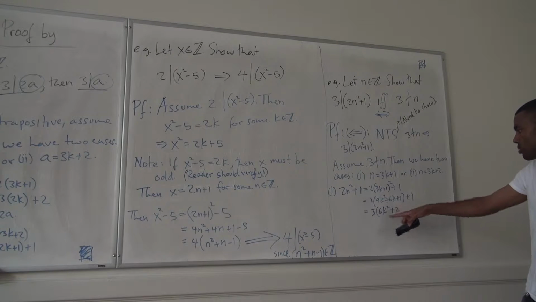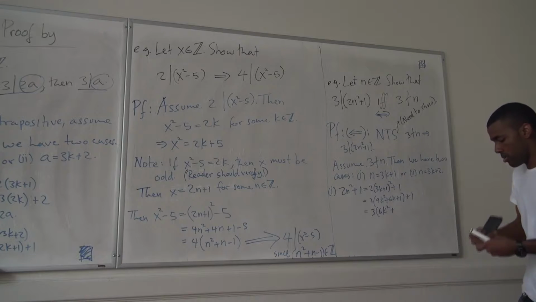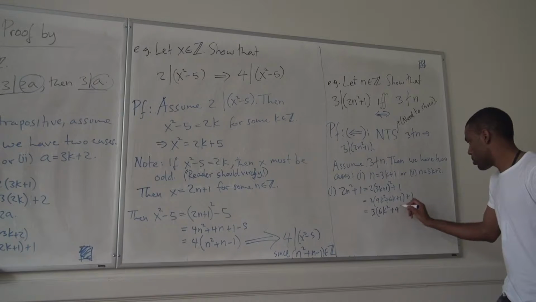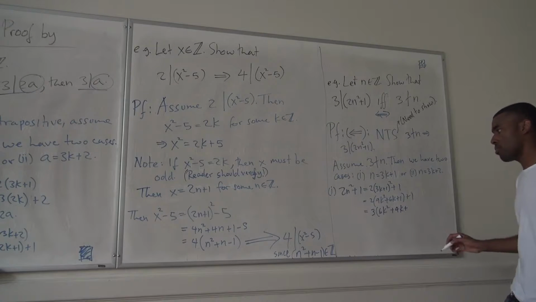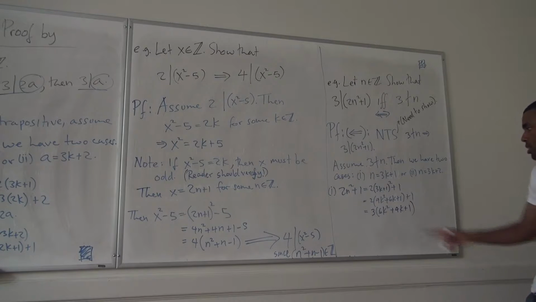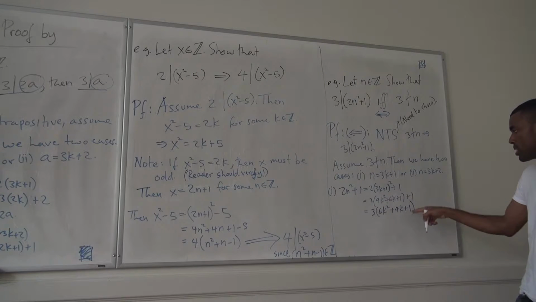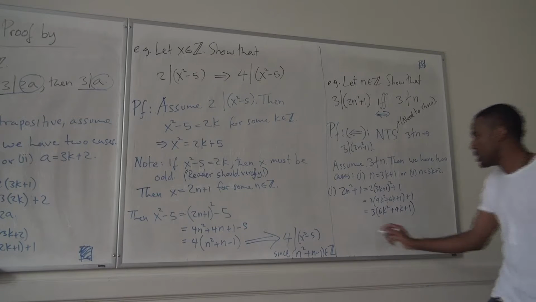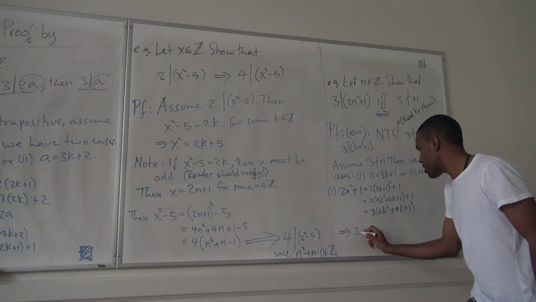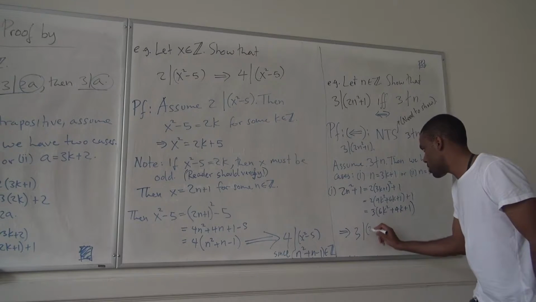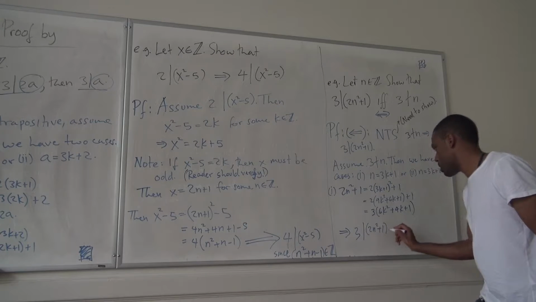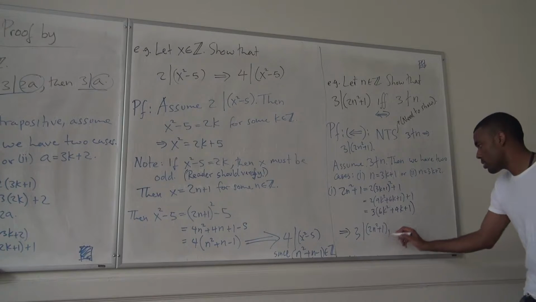This will be 12, which is 3 times 4. 4k plus 1. Right? Because you multiply this out, you get 2 plus 1 makes it 3, which means you can factor out 3. And this means that 3 divides 2n squared plus 1, right? Because we can write it as a multiple of 3.